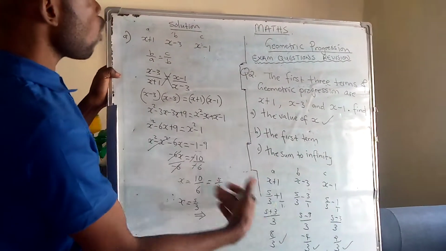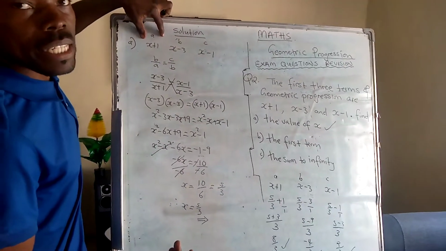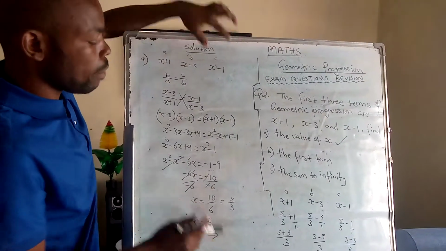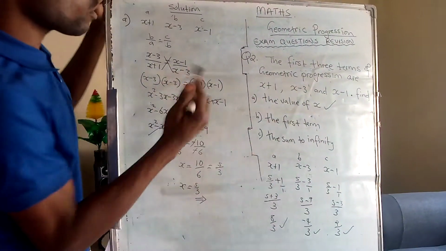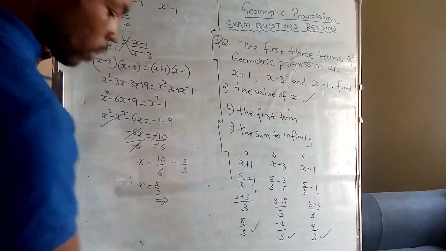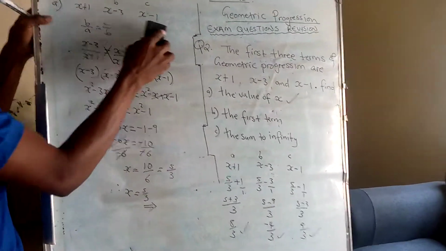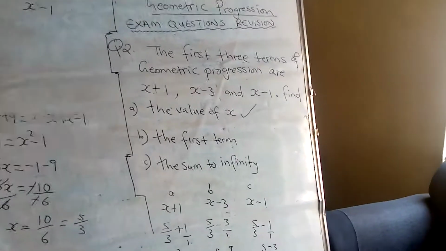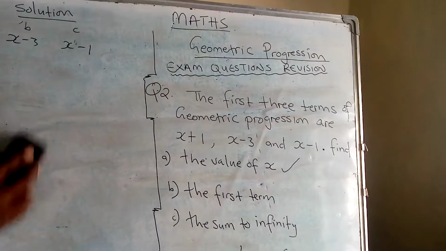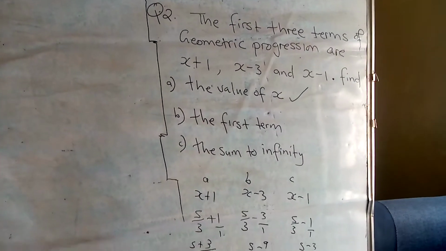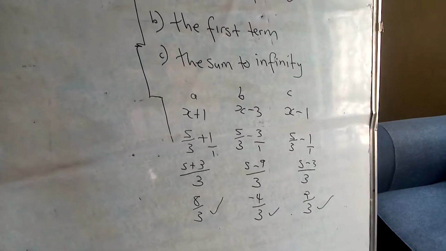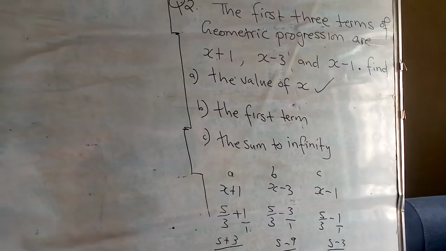Then we have now known the value of our first term, the value of our second term, the value of our third term. We have already found they are here. But now let's go for the second question, which is our B. So we are saying, find the first term.